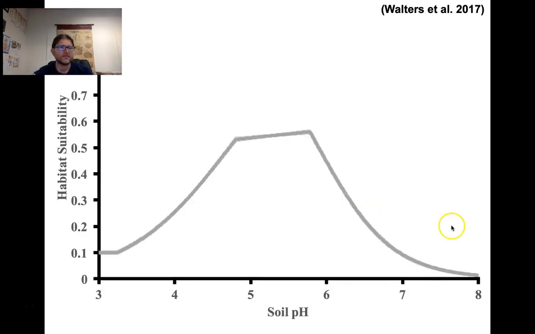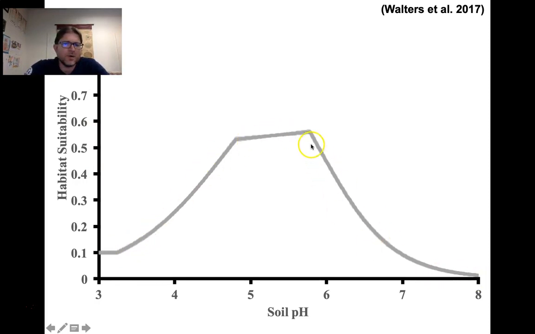So, for instance, here's an equation generated by species distribution modeling software. On the x-axis here, you see soil pH, the acidity of the soil. On the y-axis here, you see habitat suitability for a species. And what you see here, this line, is actually an equation.